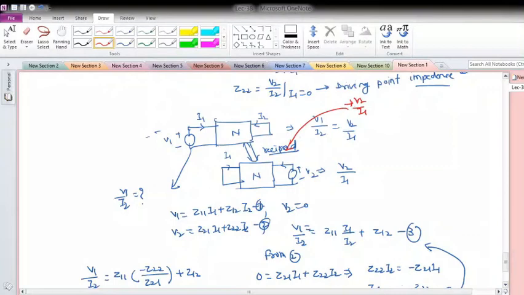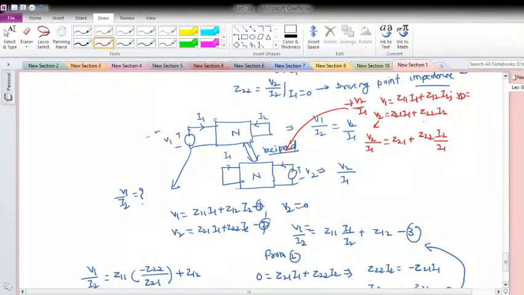So again I can write V1 is equal to Z11 I1 plus Z12 I2, and V2 will be Z21 I1 plus Z22 I2. Now I would like to know what is V2 upon I1, so I will divide this equation by I1. So I will get V2 by I1 is equal to Z21 plus Z22 I2 upon I1.